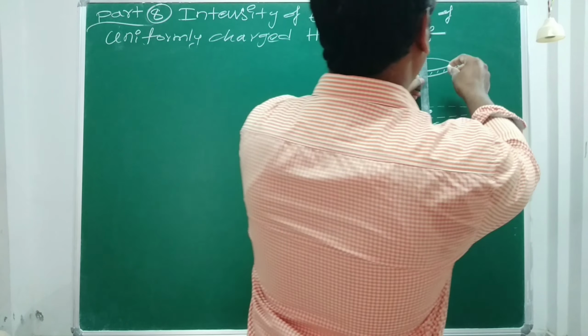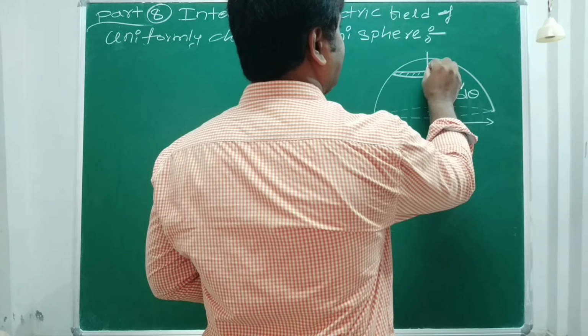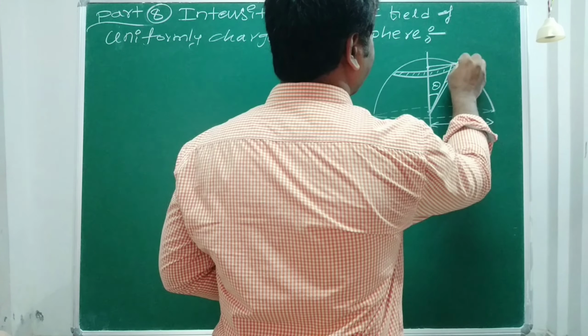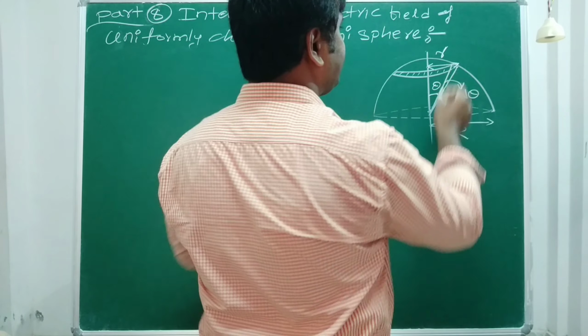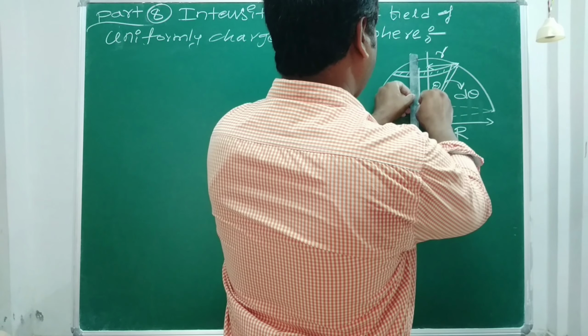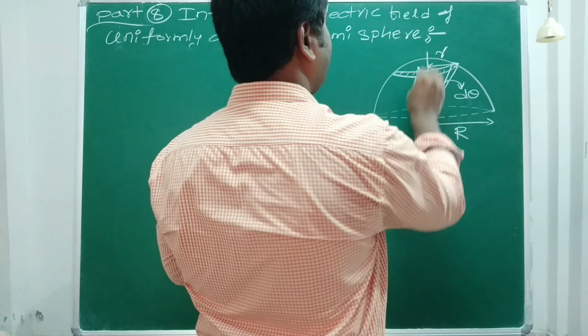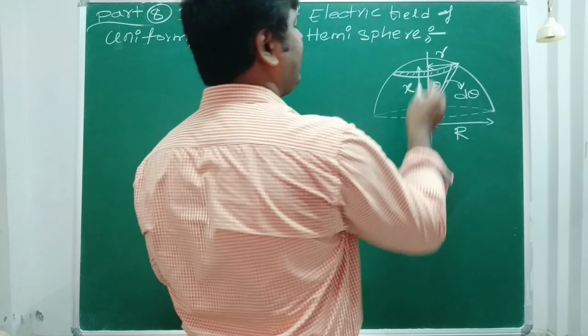Okay, and the element is making an angle d theta. So this angle is d theta, and theta is the angle with the vertical axis. Here this distance is r, this distance is r, and the vertical distance is taken as x.